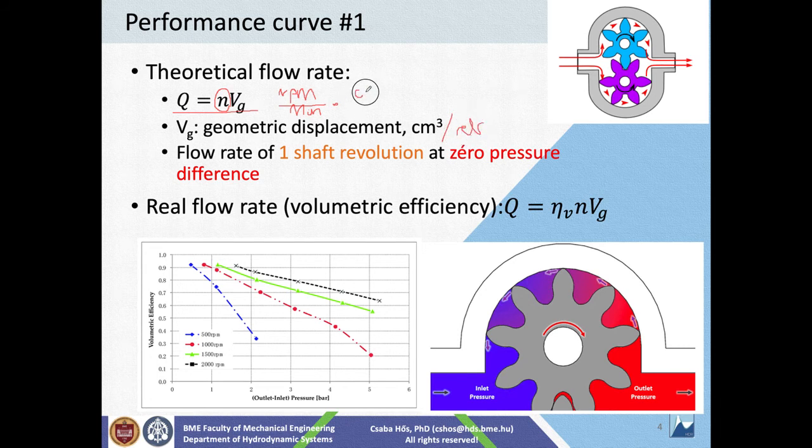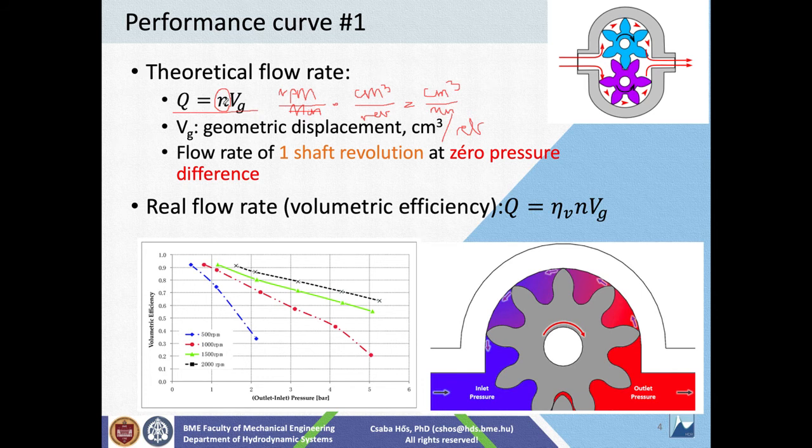Hence, if you have something like volume per revolution, then at the end of the day the dimension of this thing will be volume divided by time, so cubic centimeters per minute. RPM is simply rotations per minute, so you need to multiply this geometric displacement by the revolution number.